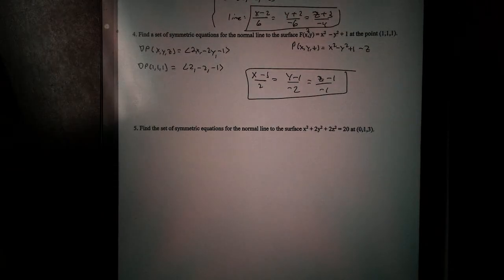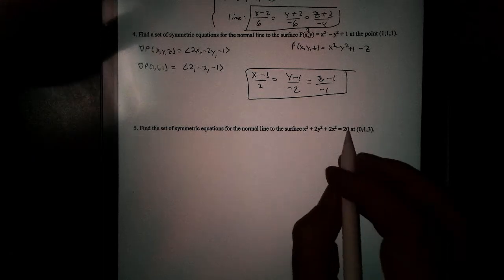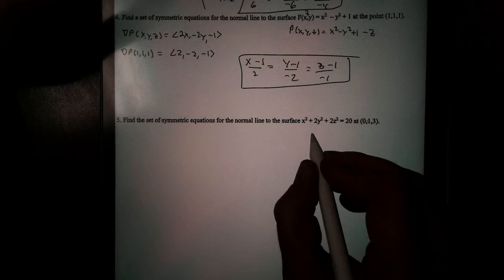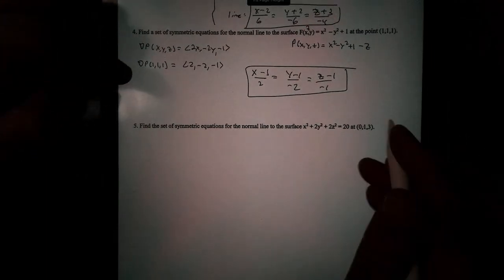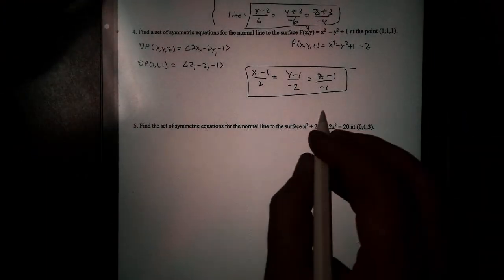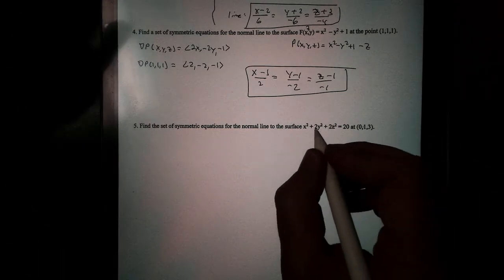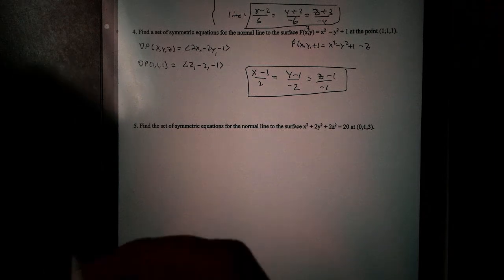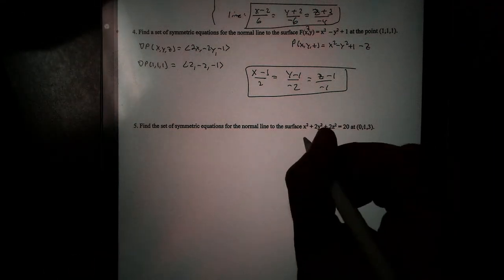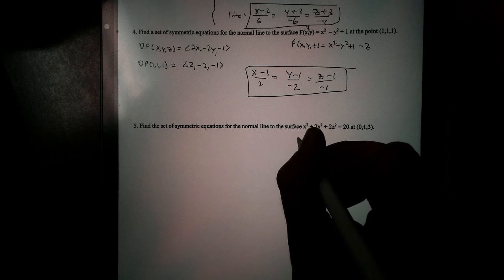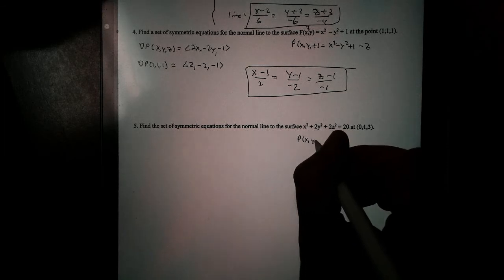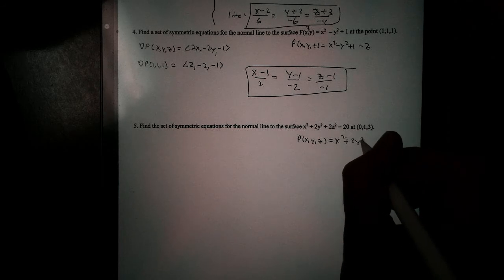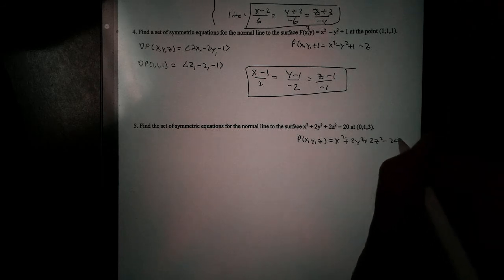All right, find the set of symmetric equations. Now let's take a look here. Oh, this is an interesting one. We've got x squared plus 2y squared plus 2z squared equals 20. Again, we want to write this in our new form. We have to add that extra dimension. This is three-dimensional, but I want to be off the surface. So we're going to write our function as p of x, y, z equals x squared plus 2y squared plus 2z squared minus 20.